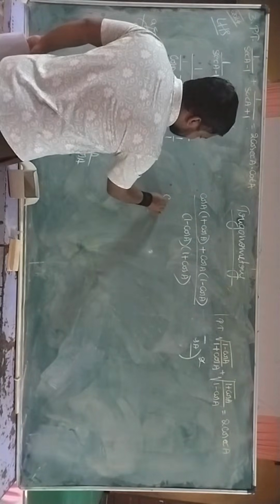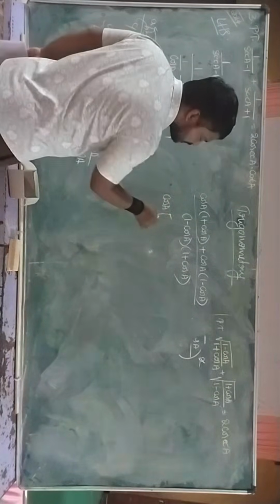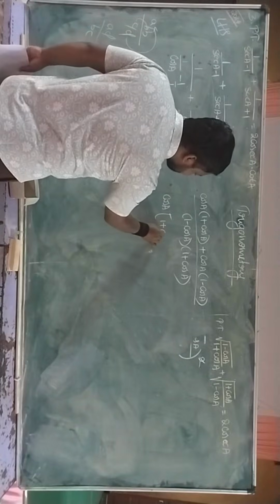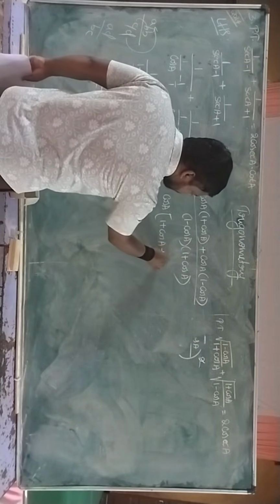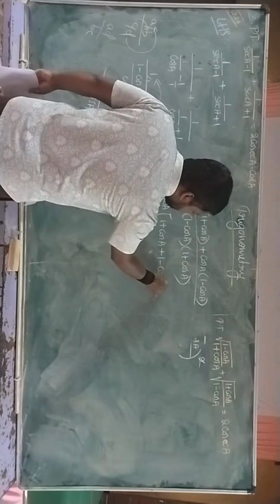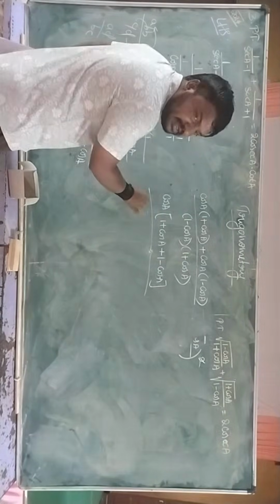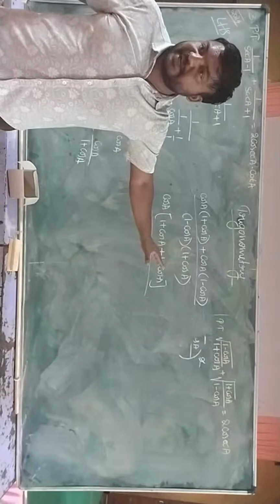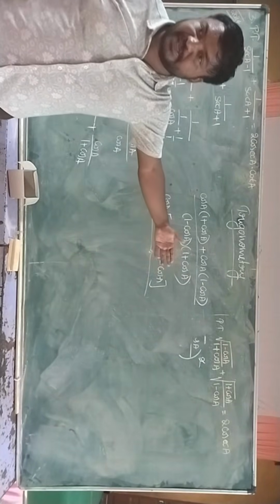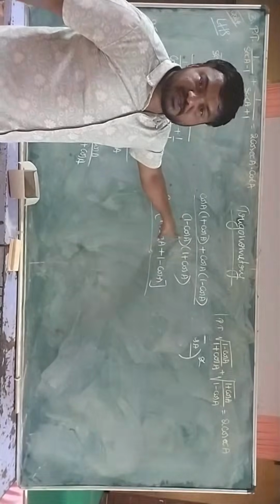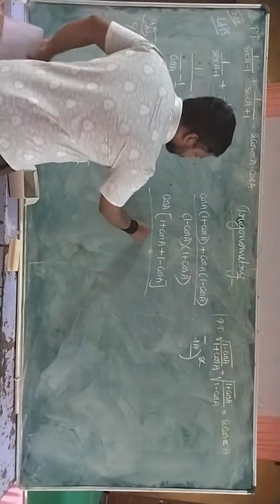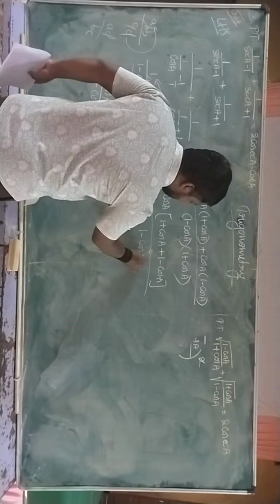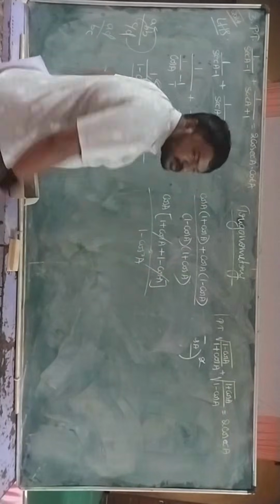Cos A outside, so the remaining terms inside the bracket: (1 plus cos A) plus (1 minus cos A), bracket complete, divided by... So this is in the form of (A plus B) into (A minus B), which is nothing but A square minus B square. A is 1 and B is cos A, correct? So 1 minus cos square A. So here plus cos A minus cos A cancel.